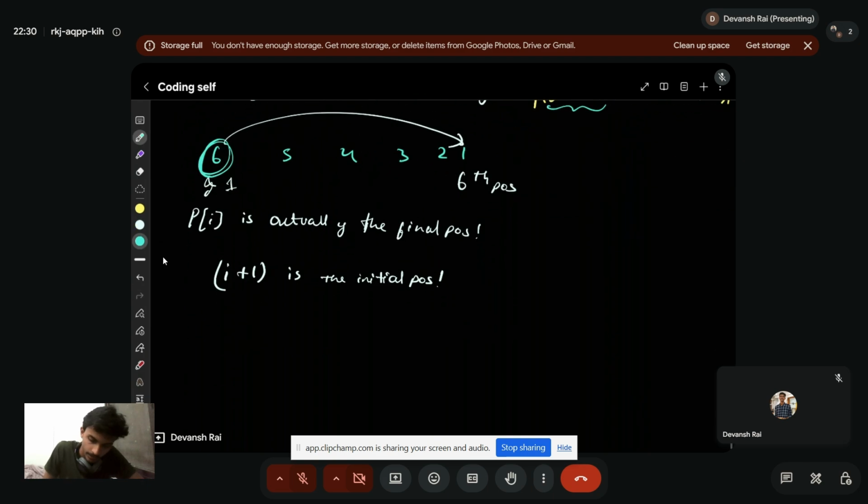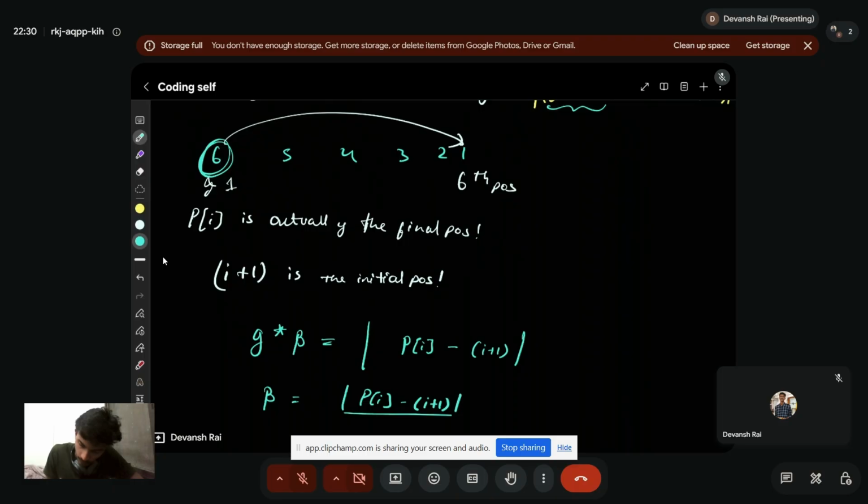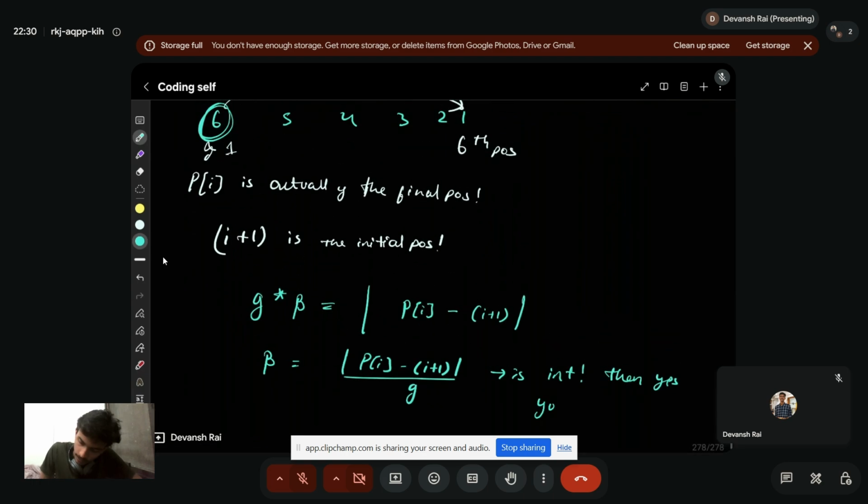So now our answer will be g times beta is equal to the absolute of p_i minus (i plus 1). And if beta is an integer, then yes, you can have it.